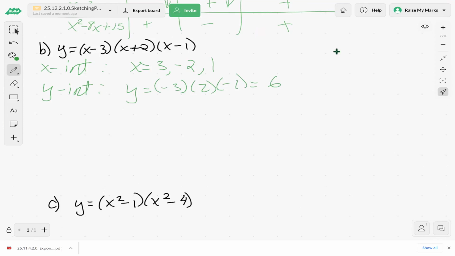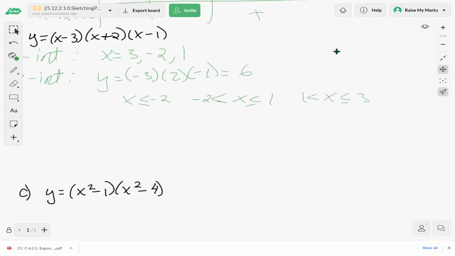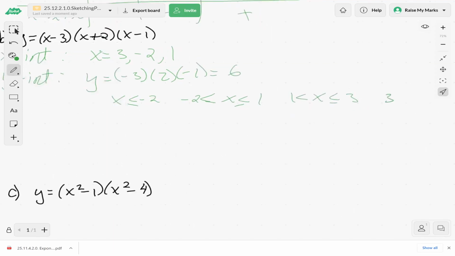Let's have a look at our intervals where our function is positive and negative. We use our x-intercepts to divide our real line into intervals, in particular when x is less than negative 2, x is between negative 2 and 1, x is between 1 and 3, and finally, x is greater than 3.